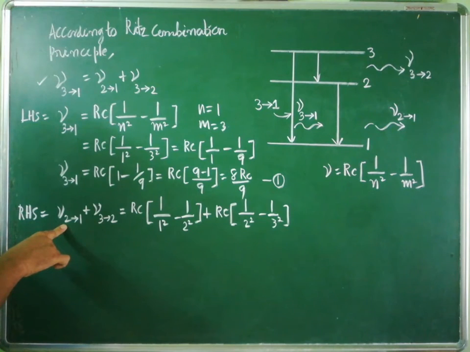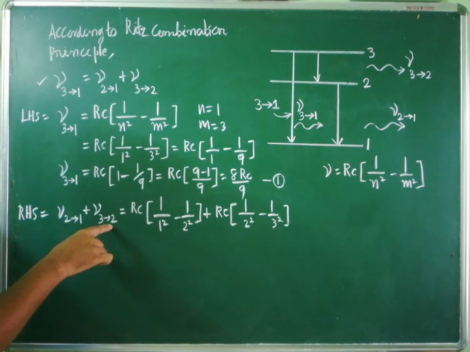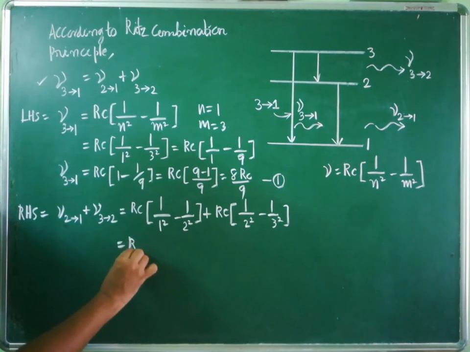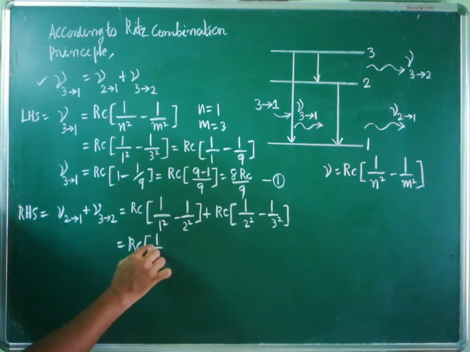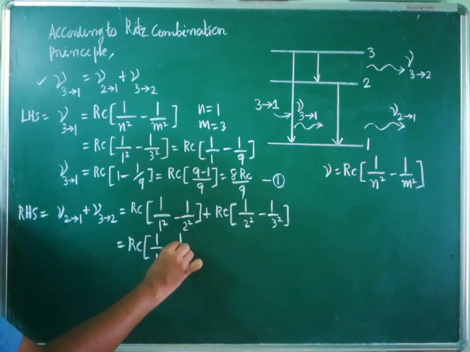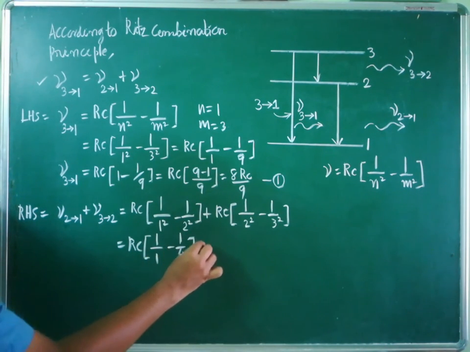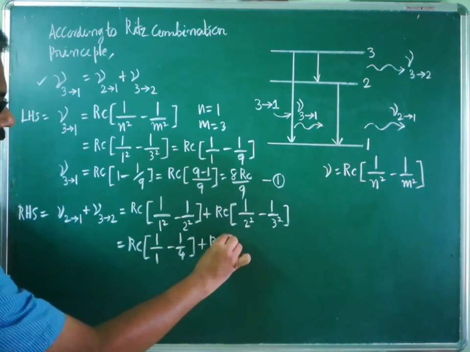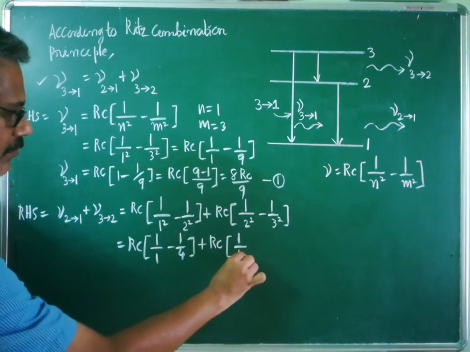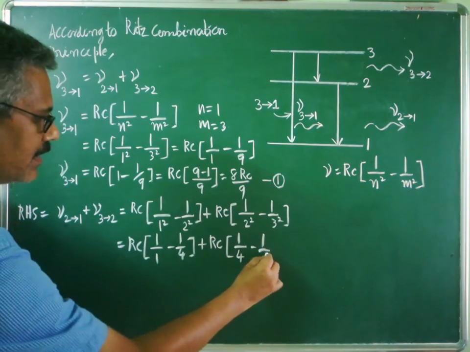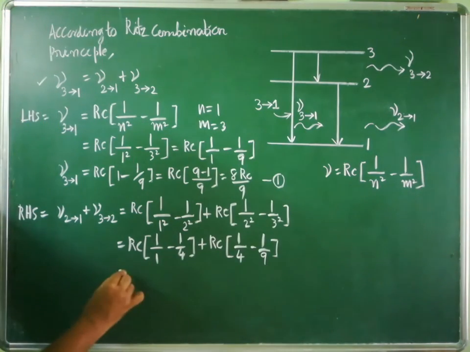The important thing is that here n is equal to 1 and m is equal to 2. In this case, n is equal to 2 and m is equal to 3, don't forget. In the next step we can write RC (1 minus 1 by 4) plus RC (1 by 4 minus 1 by 9).